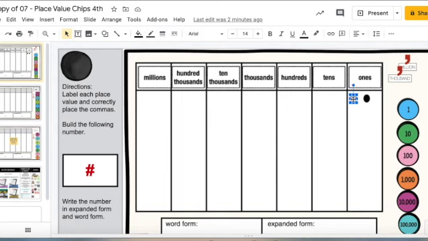Well, remember the previous work we did. To bring one of these over and make 110, we have to have how many ones? 10 ones.